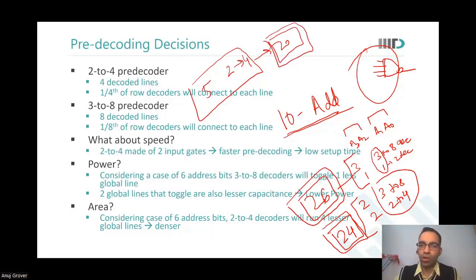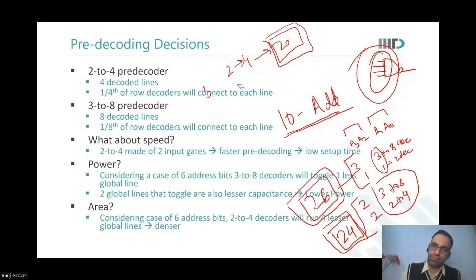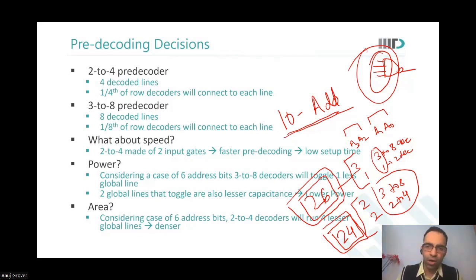Absolutely right. However, I've already put a constraint that you can have only 4 input NAND gates. So what to do? Then, sir, second case would be, I think, better. Because it is denser. Or is there any other reason?